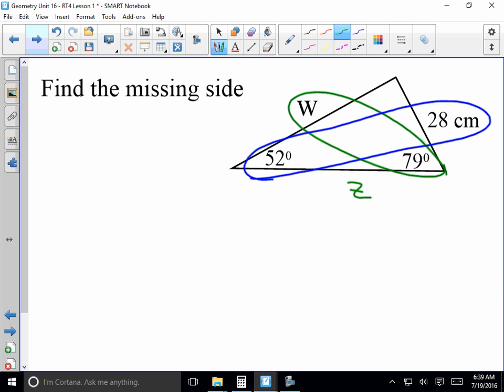So if I can find that angle, you can still use the law of sines. Now for my green pair, I have the sine of 79 degrees over W. And that's going to equal my blue pair, the sine of 52 degrees over 28.